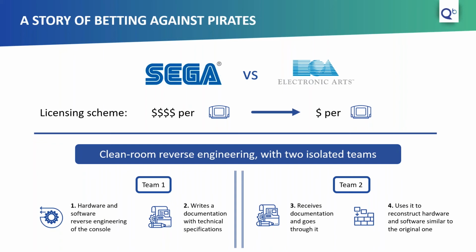Electronic Arts' use of the clean room method was a direct contrast to what Atari had done to Nintendo a few years back, and that was called dirty room engineering. The fun part of this, if I can say so, is that Sega quickly agreed to a compromise with EA because they were afraid, firstly, to lose a lot of money, and secondly, that EA would sell the knowledge to other developers.